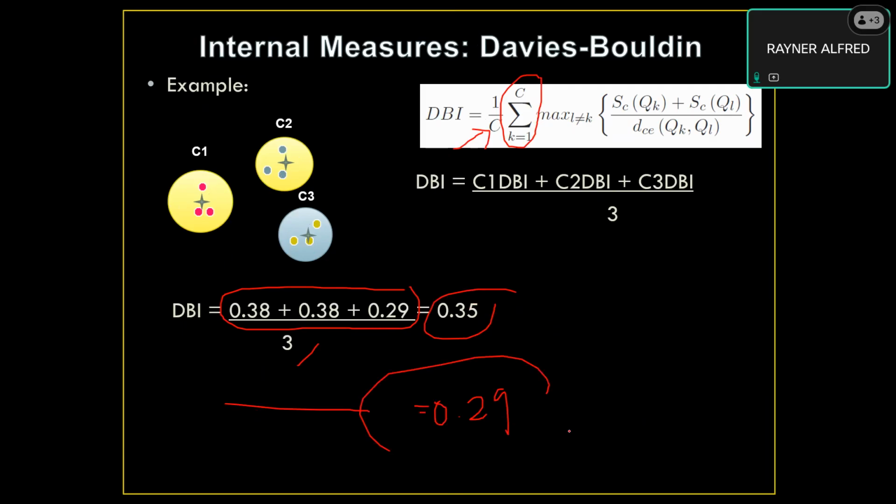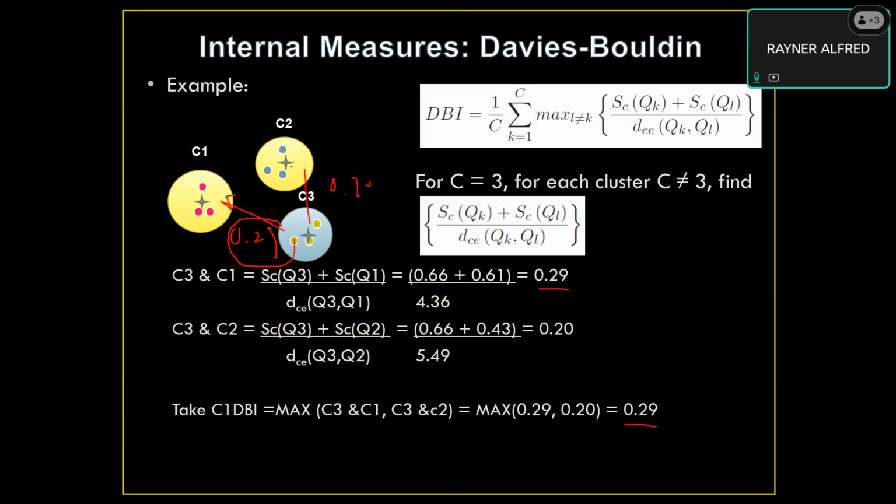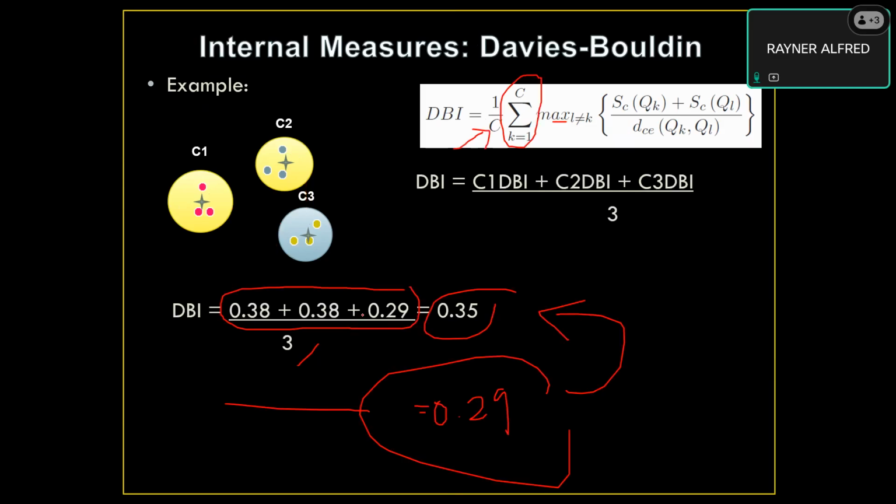So this is better than this. Even though we look at the maximum, because for each individual cluster we are looking at the worst scenario, when we add up all these values, the total indicates how good your clustering result is based on the worst scenario. So if you rerun again and get, for example, 0.29, that is better than 0.35.